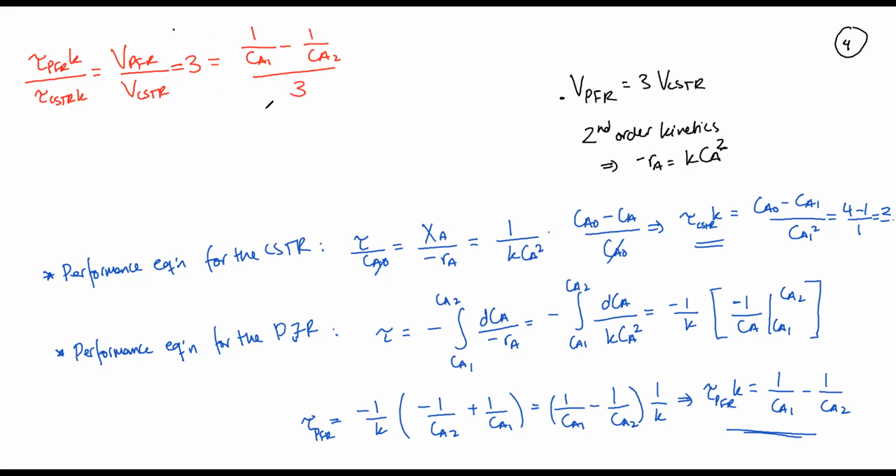So now I just have an algebraic problem. Let me cross multiply here, and so I have 9 is equal to 1 over CA1 minus 1 over CA2. CA1, this guy is 1. Is it 1? Yeah, this is 1.